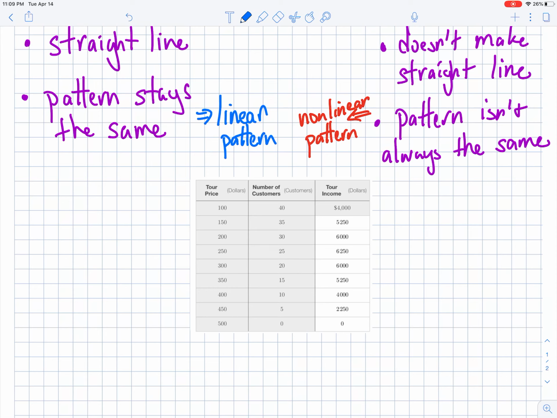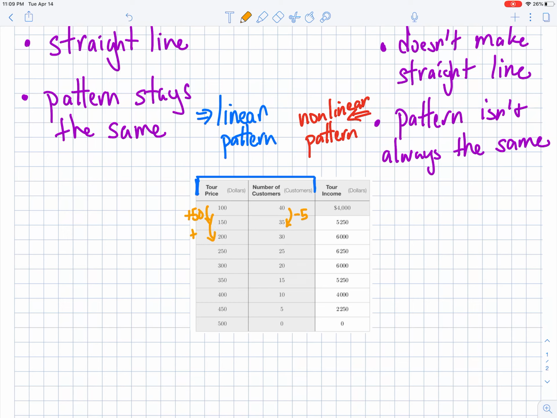So for example, if I wanted to look at tour price and number of customers, I'm going to make a noticing about the pattern I see, and I'm actually going to steal my noticing from one of your classmates who said that every time the price goes up by 50, the number of customers goes down by 5. And let's see if that pattern stays the same.